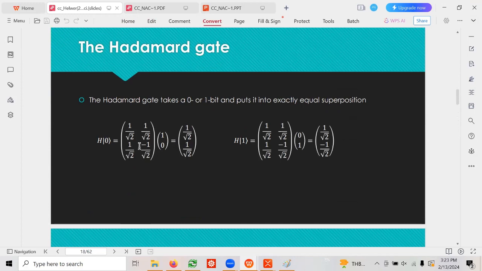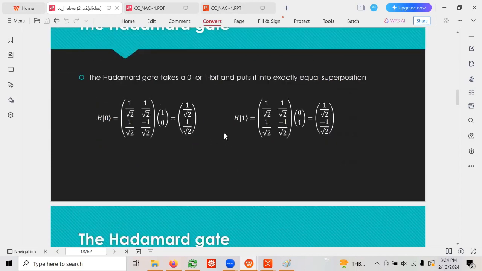Now you can verify this, okay? So this is definitely like a classical bit, right? 1, 0. You multiply by this gate and you get a mixture. You multiply again, you get back this. You can do this for your homework. Okay? Same here. So what does it do?